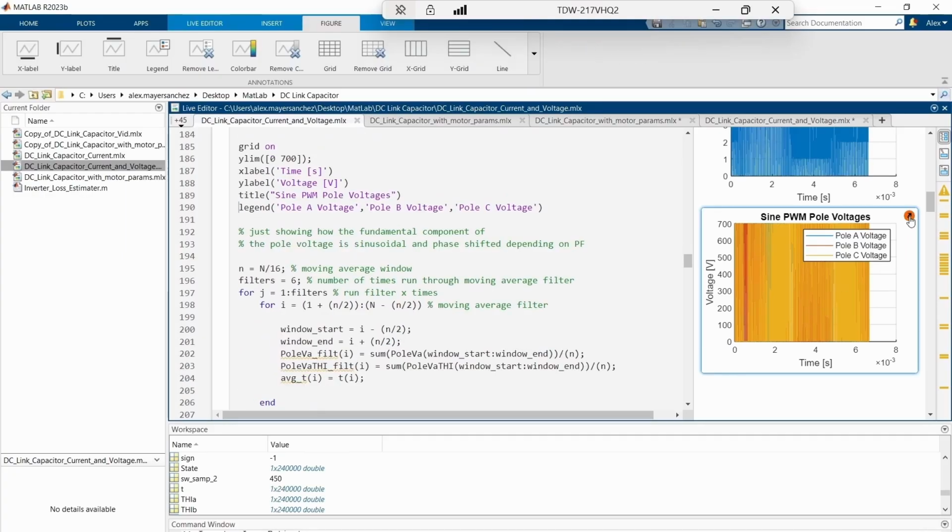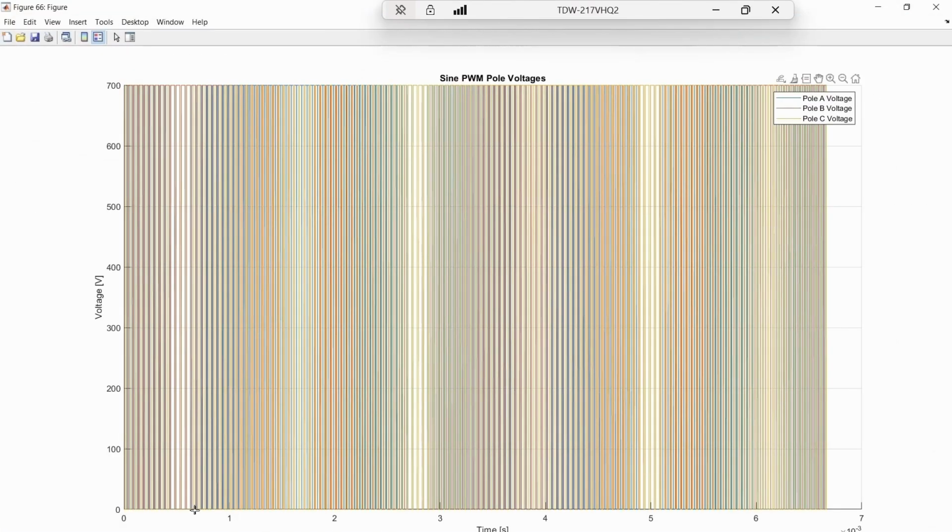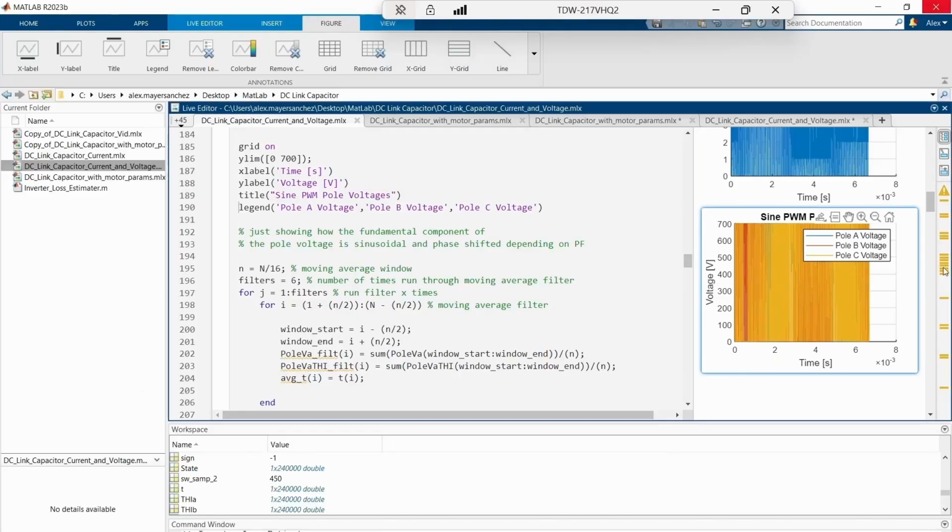So then this plot, you can't really tell what's going on. Like I said, the voltage is going between 0 and DC plus, 0 and DC plus.